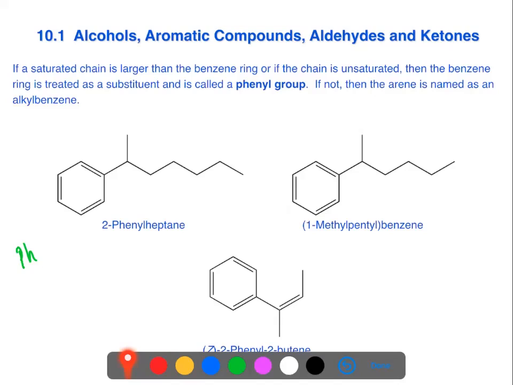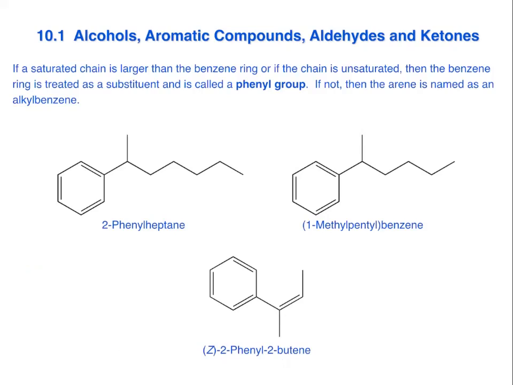Now, the other aspect of naming benzene derivatives that we should discuss is that if you have unsaturation, meaning a pi system, an alkene or alkyne, that occurs in what appears to be a substituent, in those situations that's not the substituent, but is given precedence as the parent. So in this particular example, we wouldn't refer to this as an alkenylbenzene of some sort.